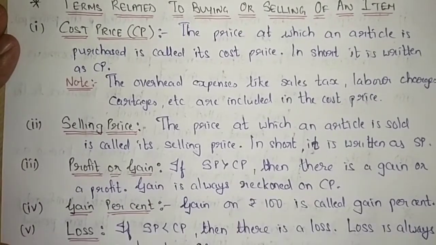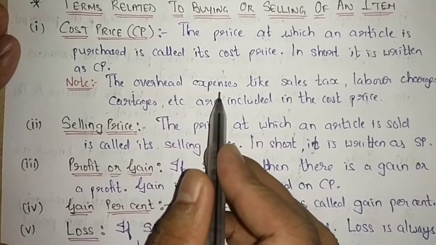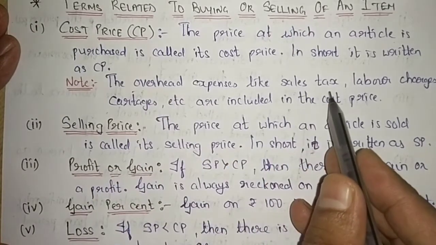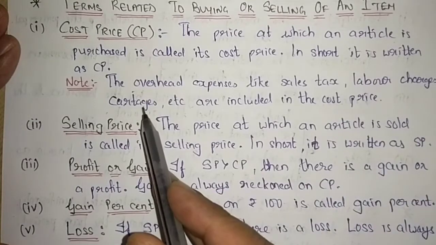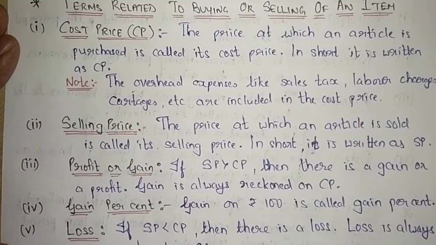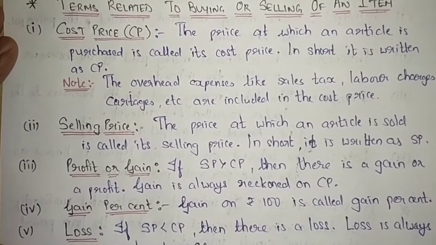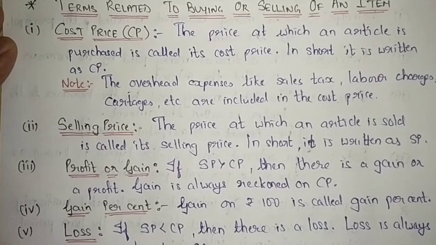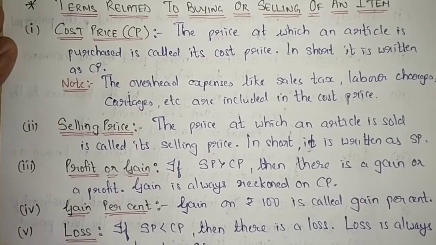Understood? Then one important note is there. The overhead expenses like sales tax, labor charges, cartage, etc. are included in the cost price. For example, as I have told, I am a dealer of cars. While purchasing the car to resell it, when it came from the manufacturing unit, the charges of carriage and labor were all incurred.